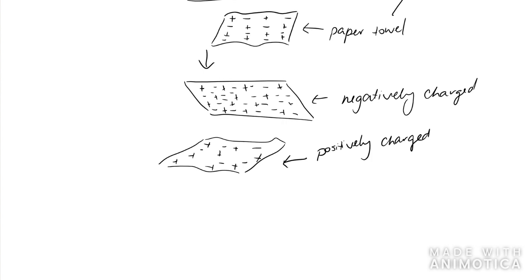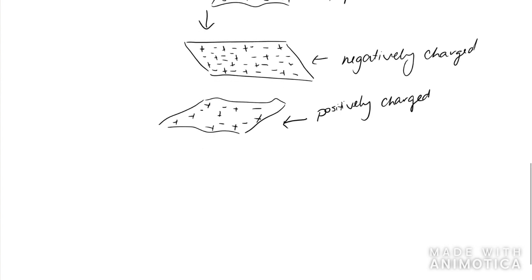This means that if it has a weaker tendency to gain electrons, it's more likely to lose them. If it has a stronger tendency to gain electrons, well, then it'll most likely gain them. The further apart items are on the electrostatic series, the more electrons they'll lose or gain.